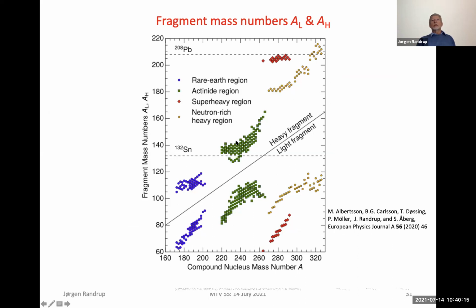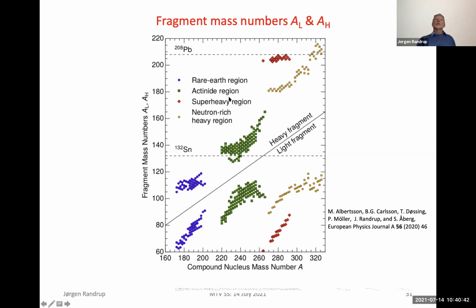The actinide region, this is the heavy fragment and the light fragment. You see the heavy mass tends to be around A equals 132. This is why the actinides split asymmetrically, because this one is a magic nucleus, is very favored. And then the light one just simply has to adjust as you go to heavier and heavier masses. Then it kind of switches over, you see.